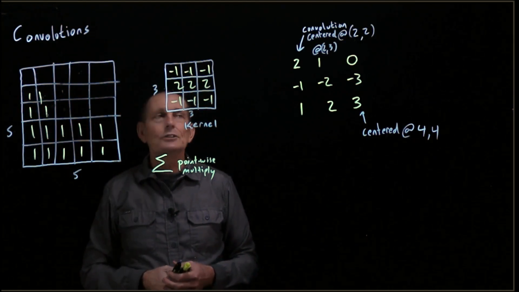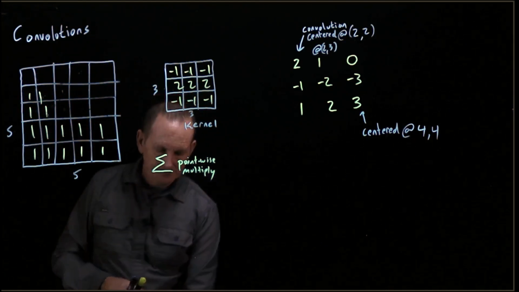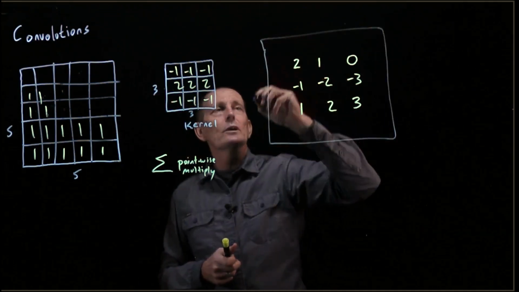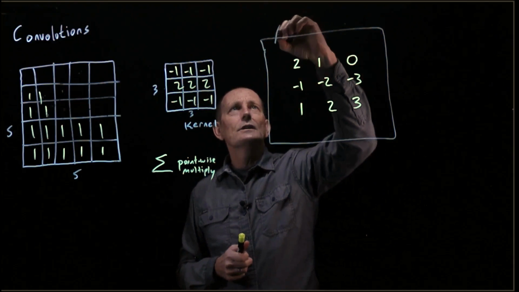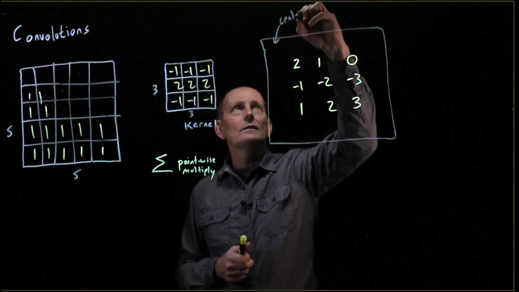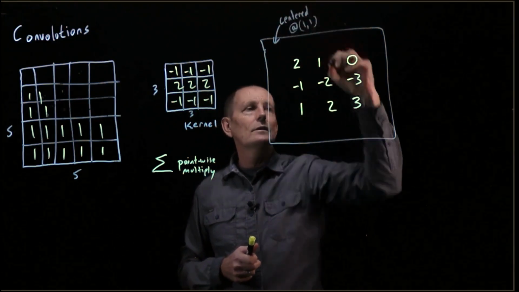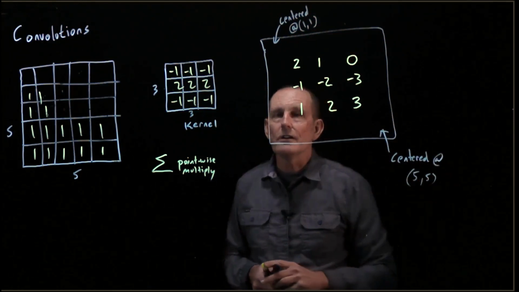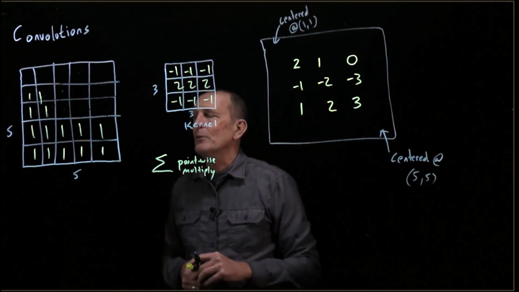So what we can do is, we can go ahead and add some more entries, such that this entry is centered at 1-1, and this entry is centered at 5-5. How are we going to do that?